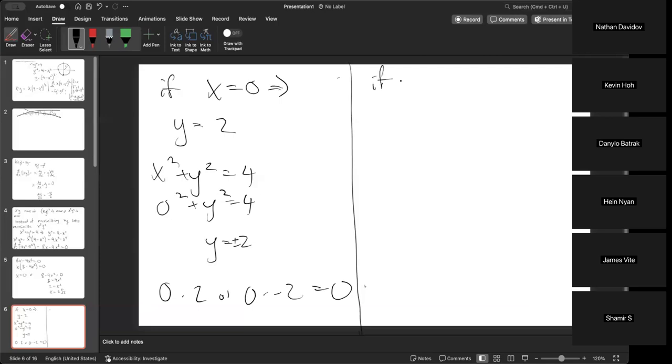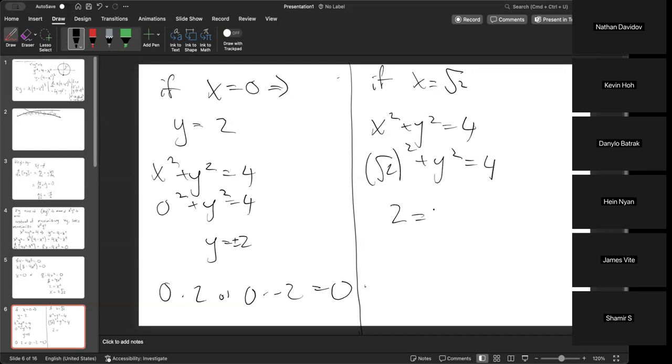So if x equals square root of 2, plus or minus, it doesn't matter. That means that x squared plus y squared equals 4. Plug this in for x and solve for y. You get 2 plus y squared equals 4.